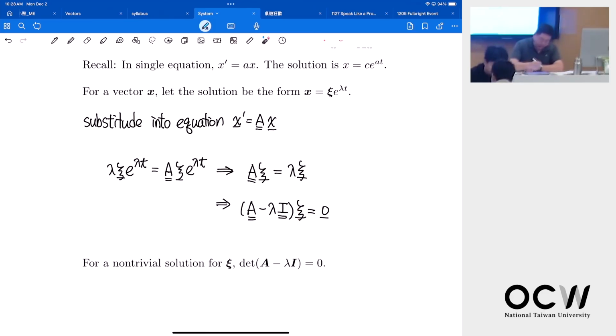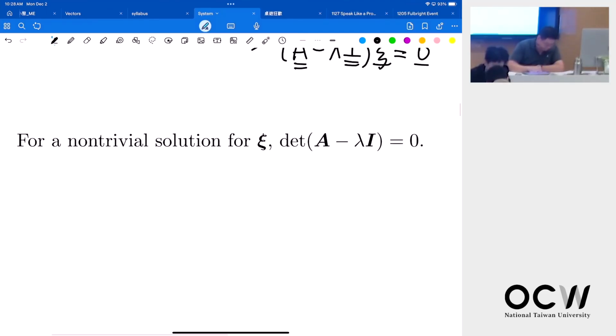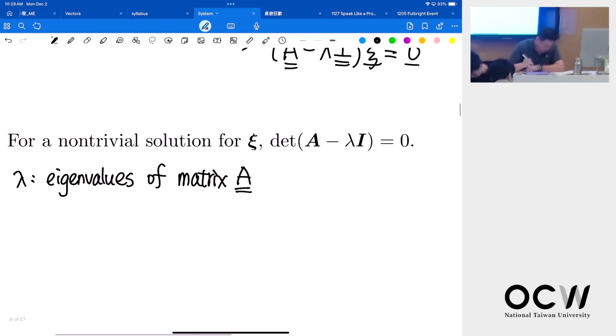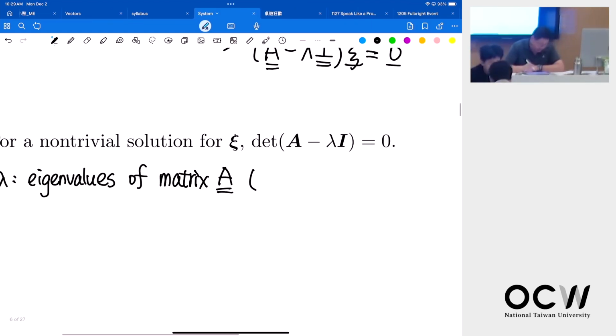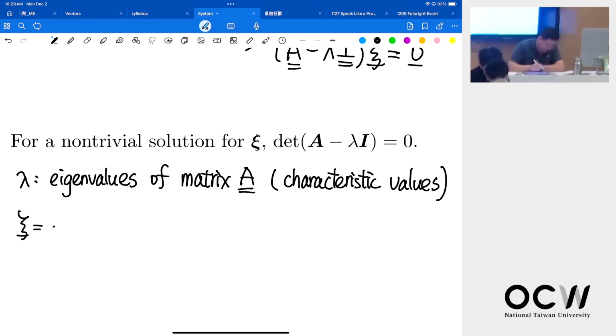That's why lambda is an eigenvalue of matrix A. We also call these the characteristic values, and c is the eigenvector of matrix A.